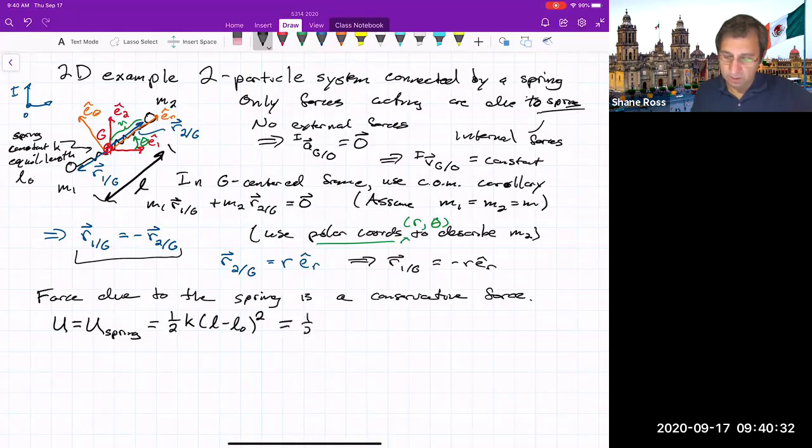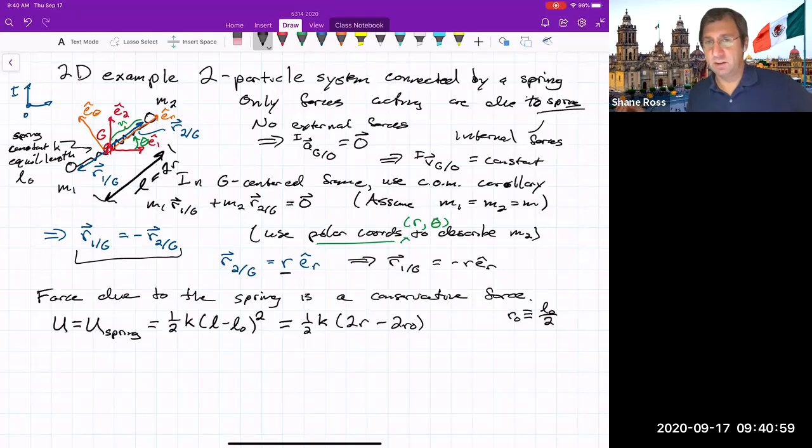So this is 1/2 K, and what is L? L is, given what we've written in terms of R, 2R. So this is 2R minus 2R naught, and we'll just define R naught as L naught over 2.